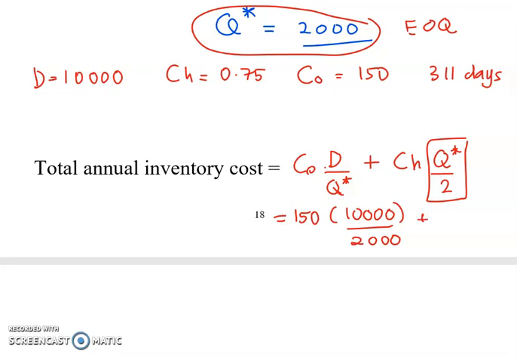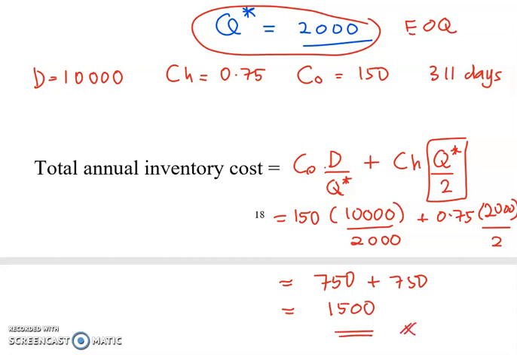Plus the holding cost, 0.75, times Q optimal 2,000 divided by 2. So now our total cost will be 1,500.